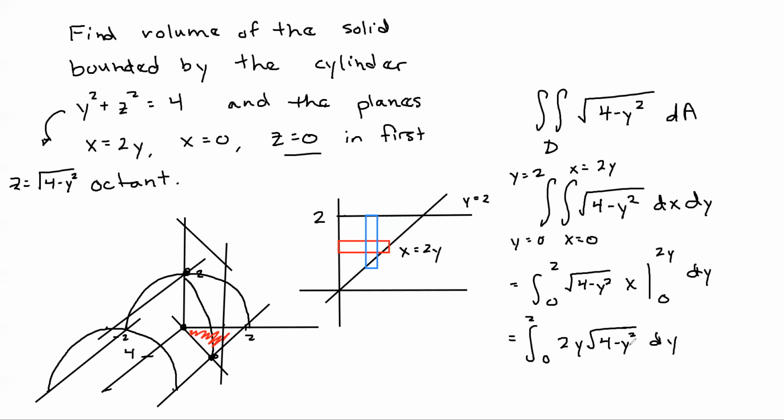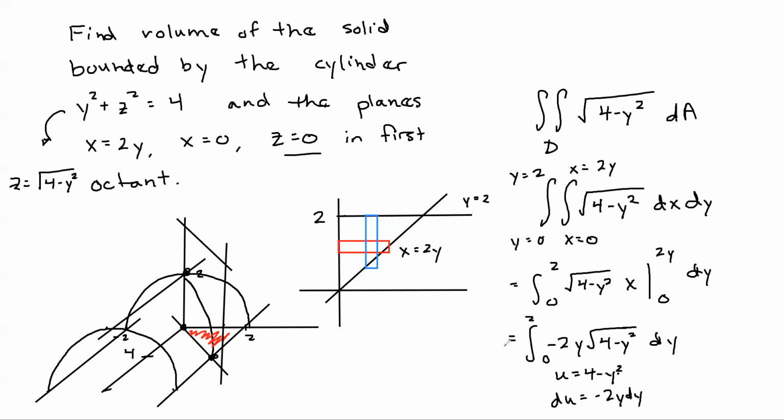And now this, maybe not a blast to do, but it's just a u substitution. You can set u equal to 4 minus y squared, and then du equals negative 2y dy.